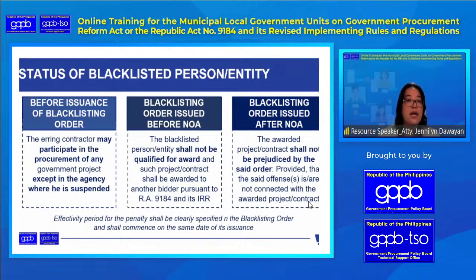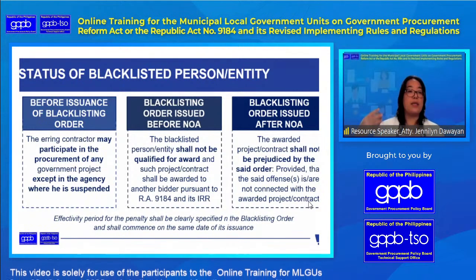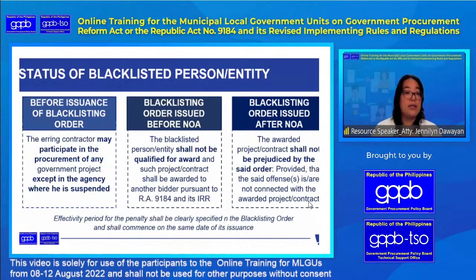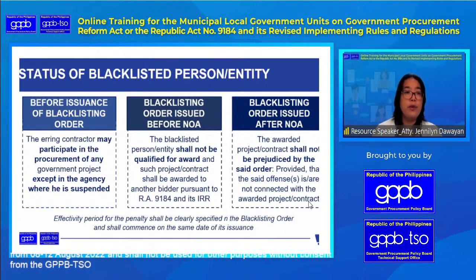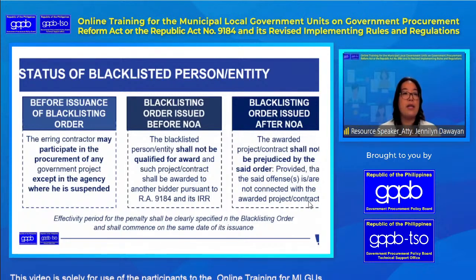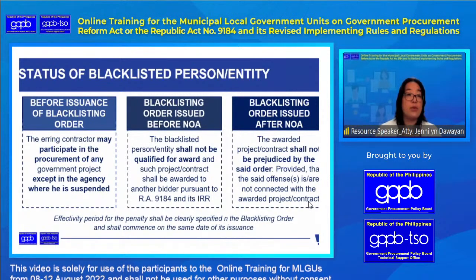Ang mangyayari dyan, kung before the issuance of the blacklisting order, pwede siyang mag-participate except doon sa agency where he is suspended, no? So if you notice, in the issuance of the suspension order, may kaakibat siya, no? Na mention talaga. Kaya lang some agencies really do not follow yung proseso na yun.